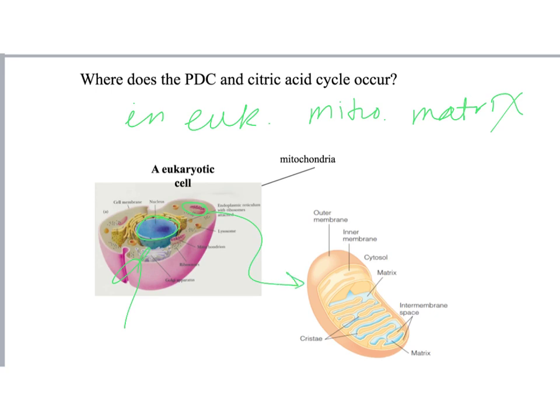What you'll notice is that the outer shell of this is a membrane, and then it has a second membrane on the inside. And there's a watery, liquidy area all the way on the very inside, and that's called the matrix. This is kind of equivalent to the cytosol, in the fact that it's the watery, liquidy area. But you'll find both the PDC and the TCA cycle hanging out inside the mitochondrial matrix.